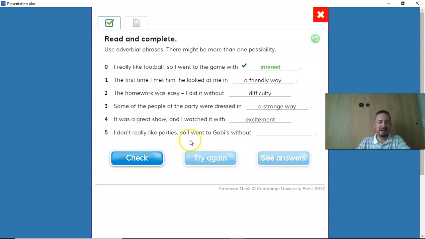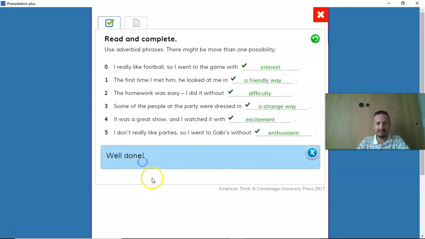I don't really like parties, so I went to Gabi's without enthusiasm. If I don't like parties, without enthusiasm. Okay, let's check. Well done. All of them make sense. Did you get it?